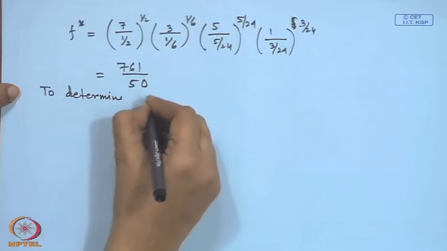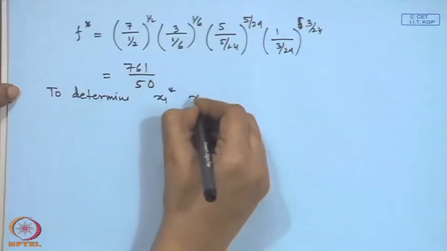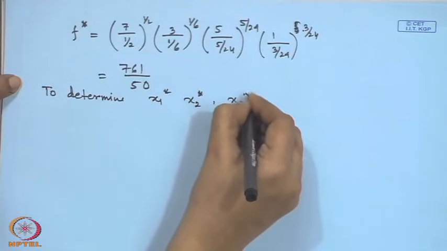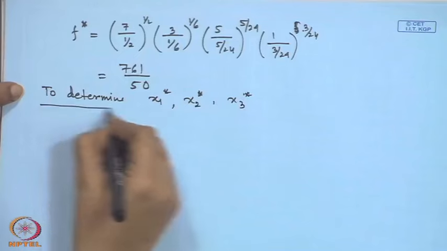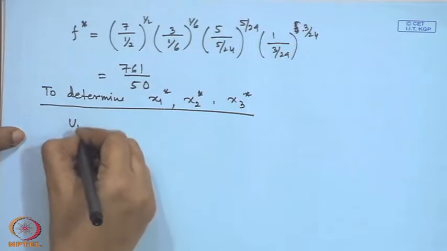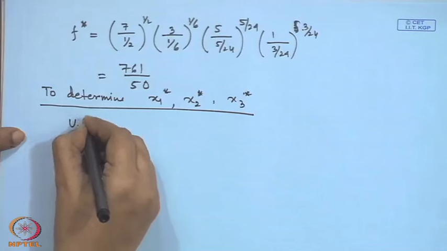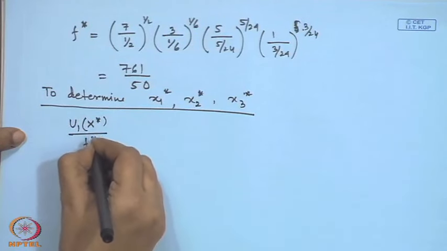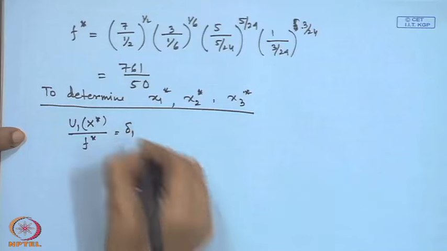Let me tell you the process, how to calculate x1 star, x2 star, x3 star and x4 star. As we have seen, u1 at x star divided by f star is equal to delta 1.